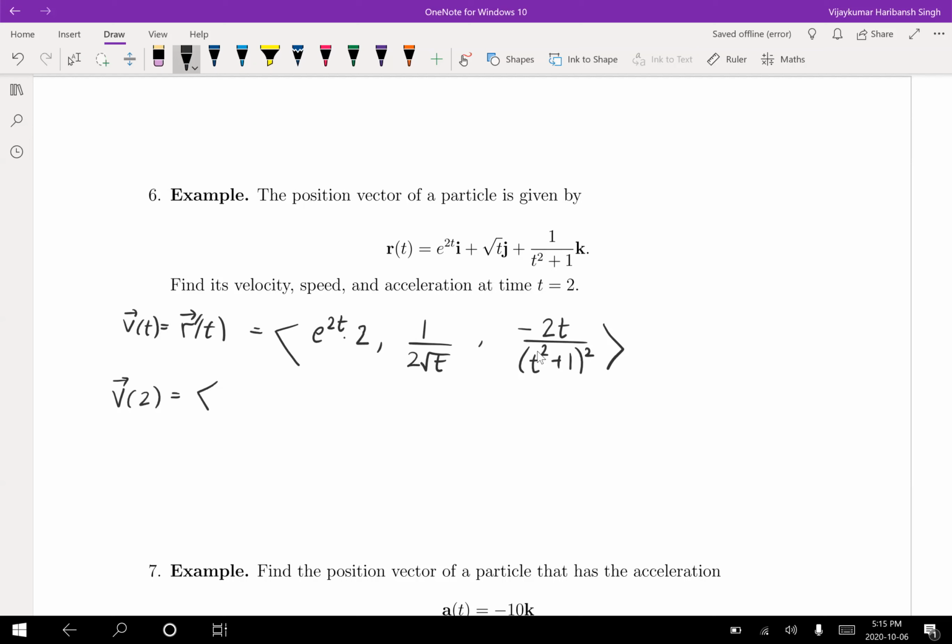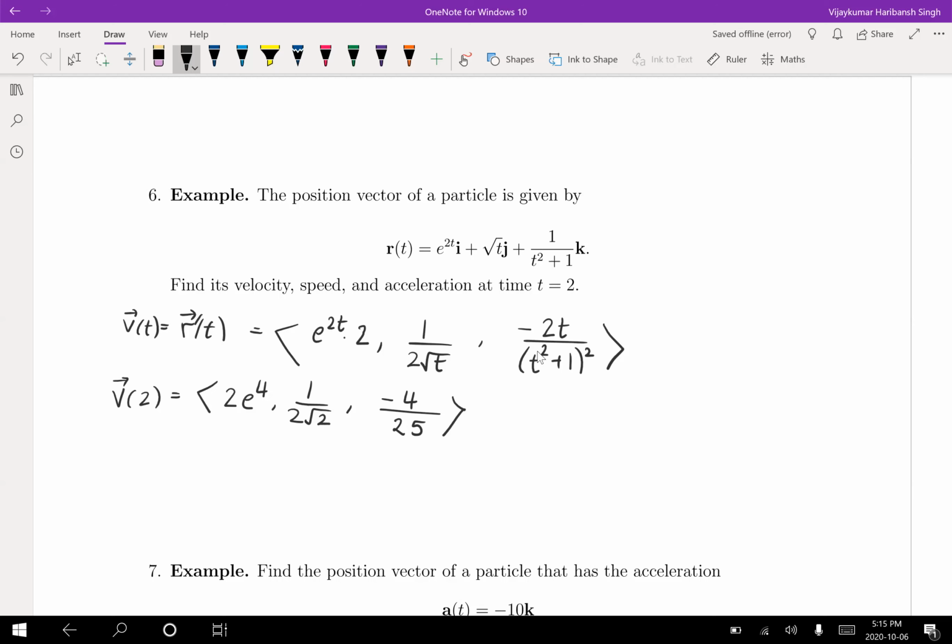That is going to be 2e to the power 4, 1 by 2 root 2, and minus 4 over t squared plus 1, so 2 squared plus 1 is 5, so 4 by 25. So this is your velocity at 2.